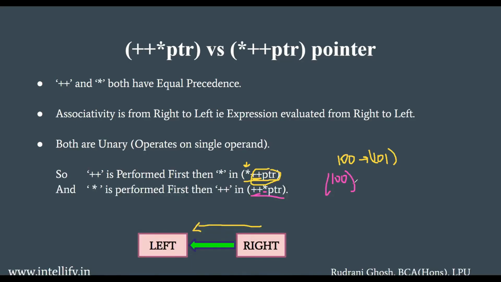Then it points to 101th position. Though in most cases you will get similar output, but we must understand how to evaluate the expression. So always remember, we always start evaluating from right and then we go to left.